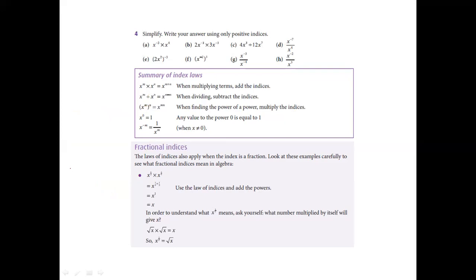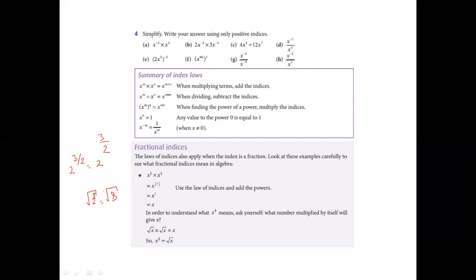In other words, for example, 2 to the power of 3 over 2. How can we write it? The square root of 2 to the power of 3, or the square root of 8, right?